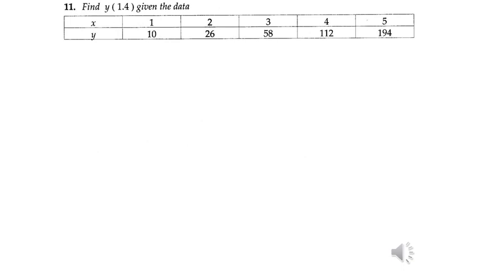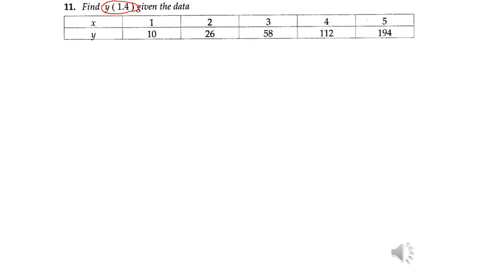Let us take one problem on interpolation. So in this problem they are asking us to find the value of y at 1.4. Now the question is which formula we need to use.